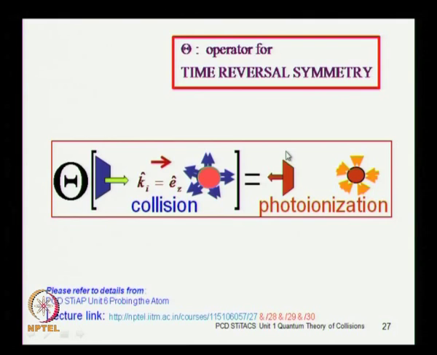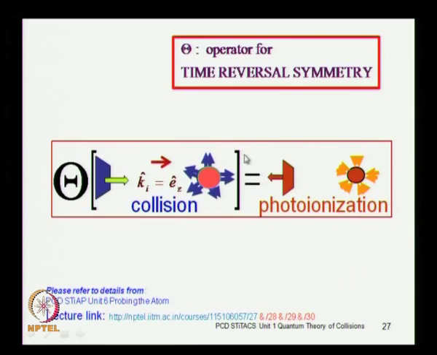So, the exit channel, the escape direction, is unique in photoionization, and you can simulate the initial state by a spherically ingoing wave, as we have discussed in detail in these 4 lectures, lecture number 27, 28, 29 and 30 at this link.